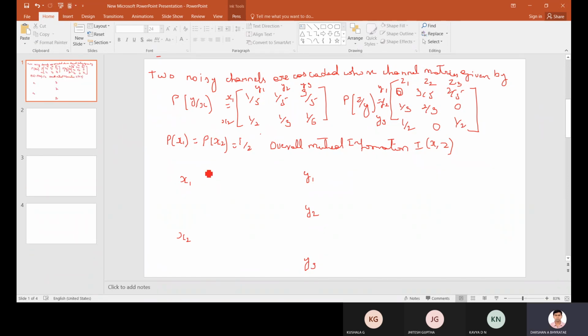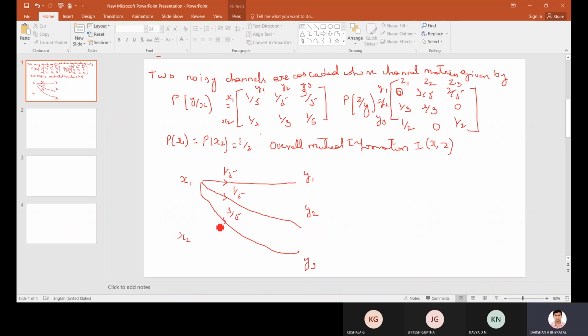From the channel matrix, x1 to y1 is 1 by 5, x1 to y2 is also 1 by 5, and x1 to y3 is 3 by 5.